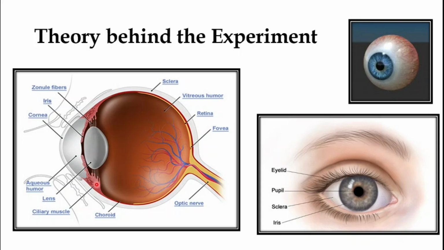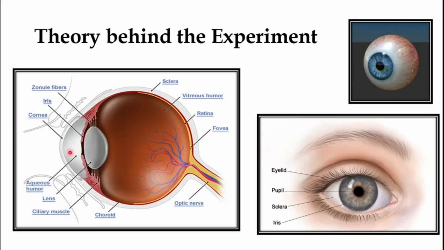So the ciliary body is holding this lens by the help of the zonule fibers or suspensory ligaments.